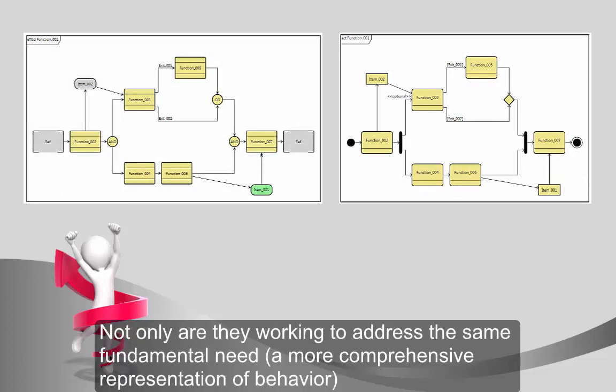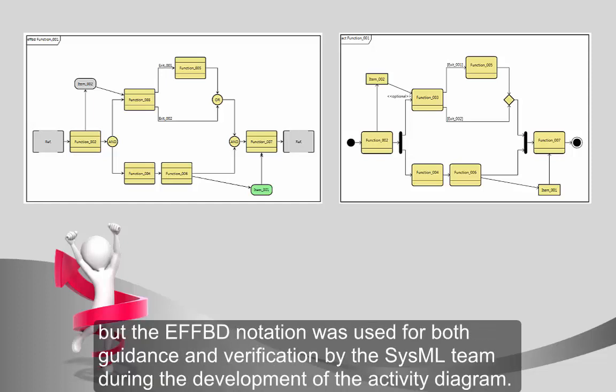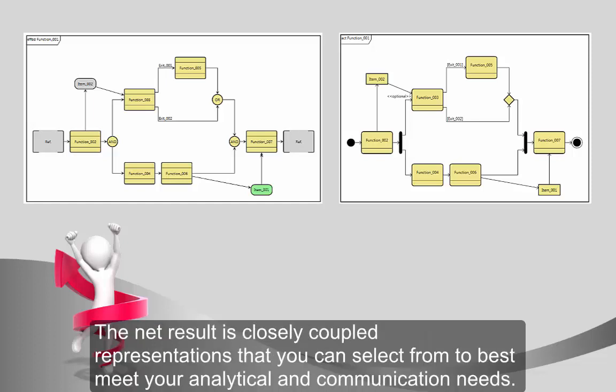Not only are they working to address the same fundamental need, a more comprehensive representation of behavior, but the EFFBD notation was used for both guidance and verification by the SysML team during the development of the activity diagram. The net result is closely coupled representations that you can select from to best meet your analytical and communication needs.